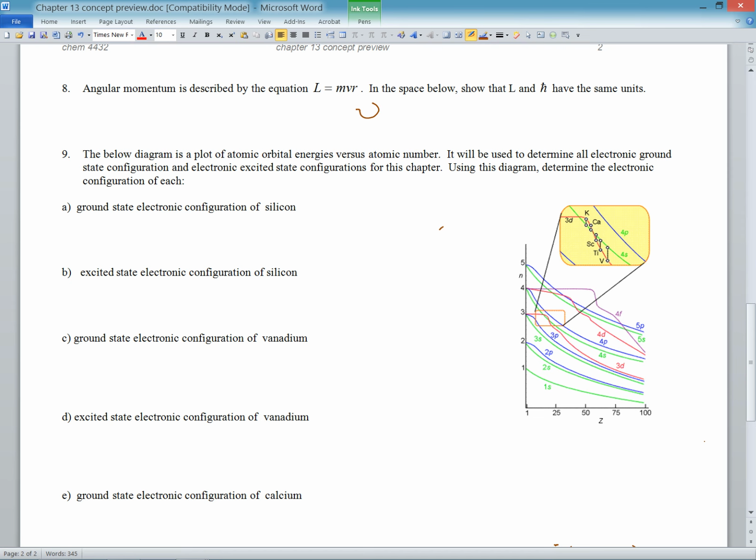What was your trick again? My trick for a joule is I just remember work. Work is force times distance. And I know that force is newtons, which is mass times acceleration. So work is mad, right?